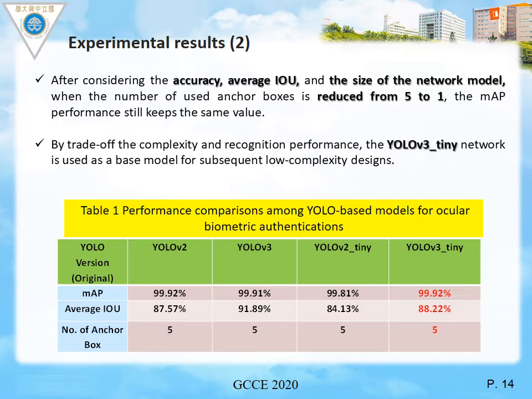Table 1 shows the performance comparisons among YOLO-based models for ocular biometrics authentications. In this table, we can see that the YOLOv3 tiny model can provide cost-effective performance for biometric authentications.